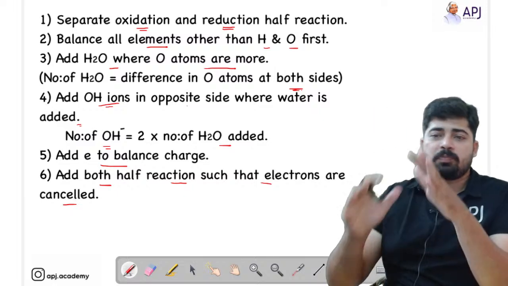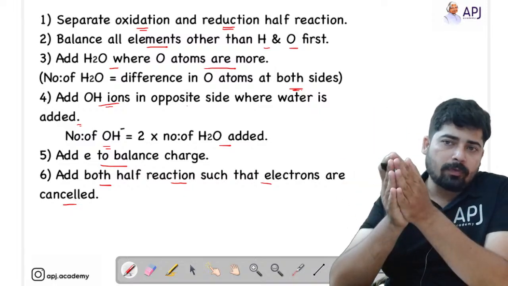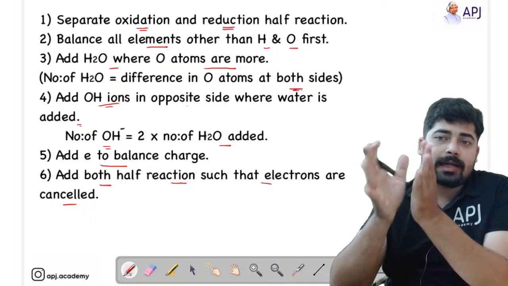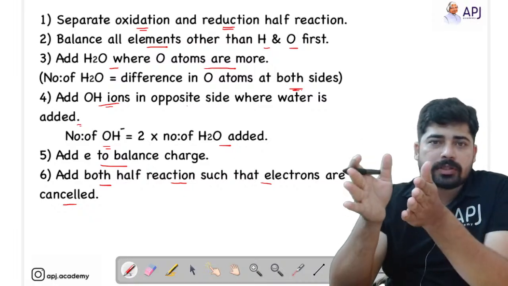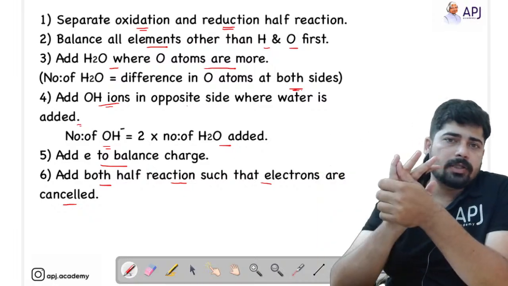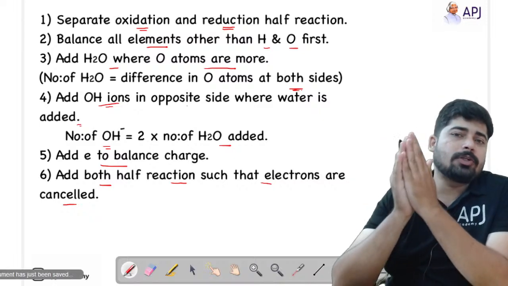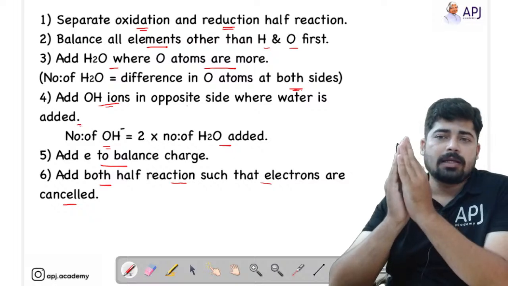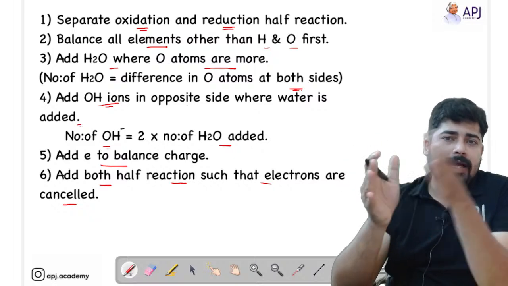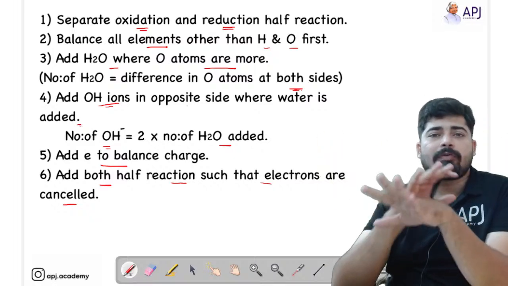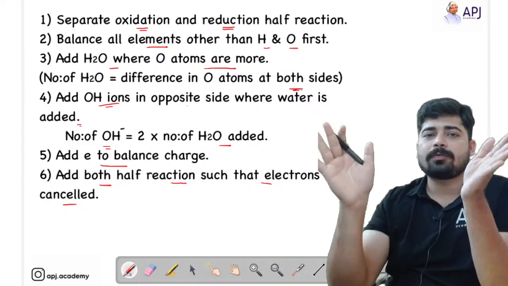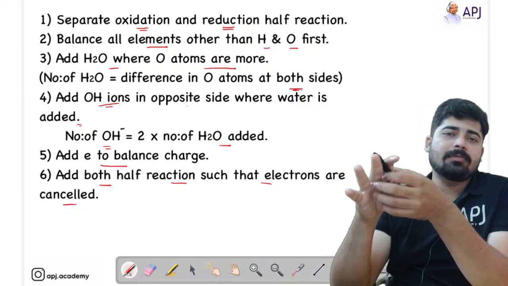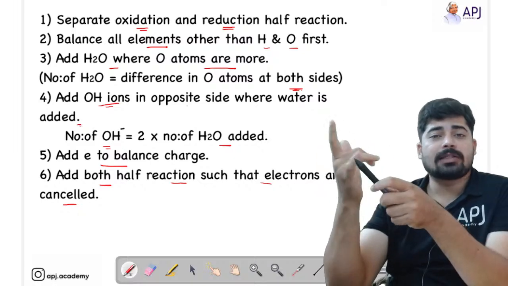Actually, this is the proper method of solving a reaction in alkaline medium. You can follow these steps, or you can use the trick which I have told you. The trick is the easiest way. Instead of getting confused with acidic medium and basic medium, we will do all the problems as if they are in acidic medium, and only at the last convert them into basic medium.